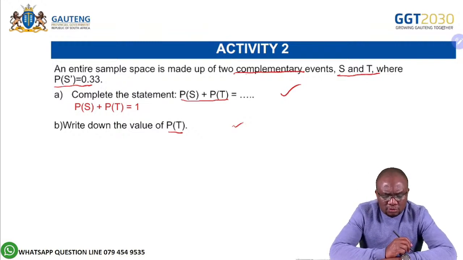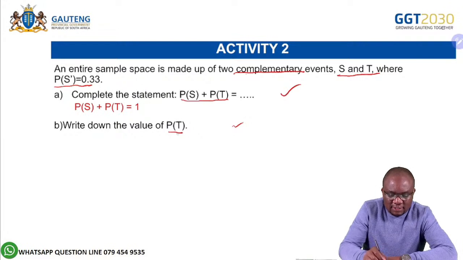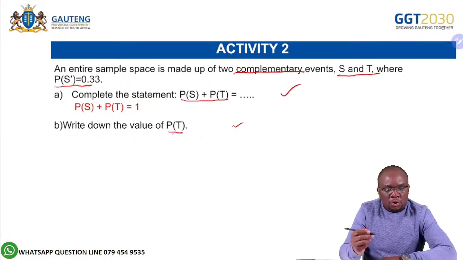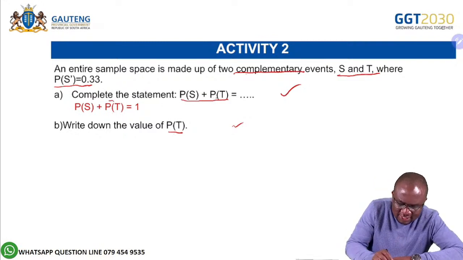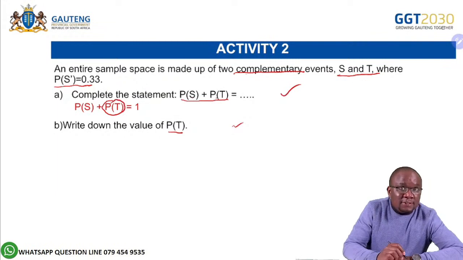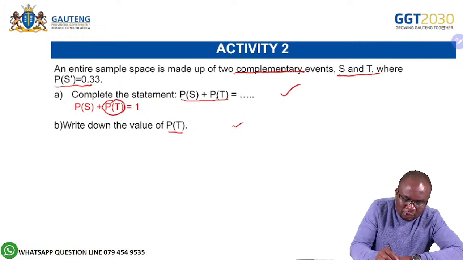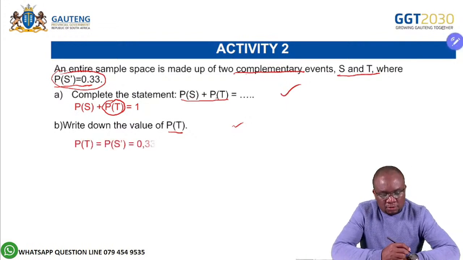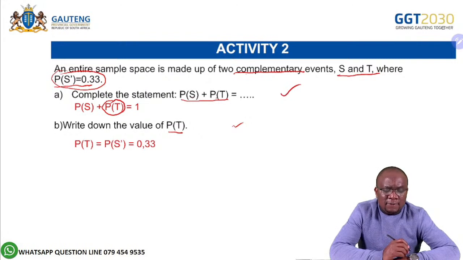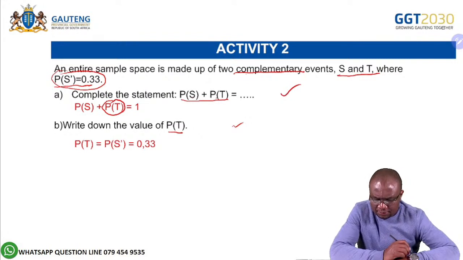Okay, so the probability of T is just the same as the probability of not S. Because probability of S plus probability of T is equal to 1, then this is just the same as probability of not S. Okay, and then the probability of not S is given, which is 0.33. So the probability of T is also 0.33.